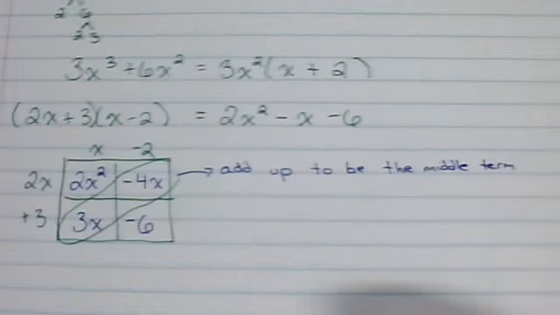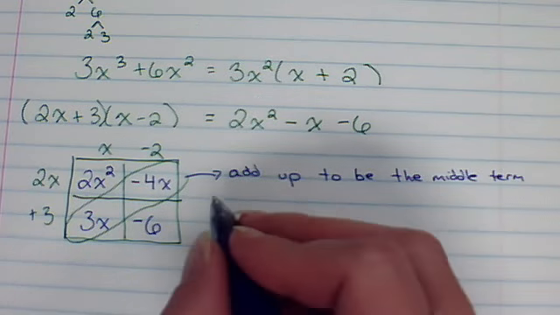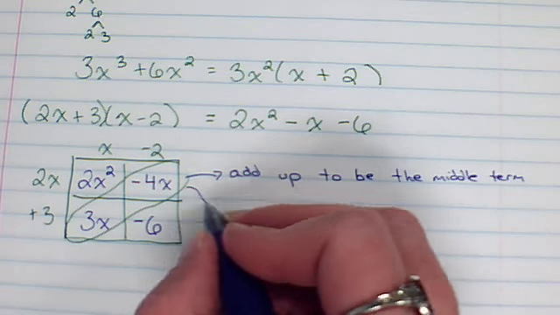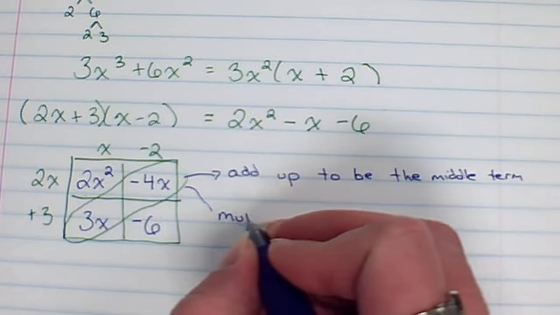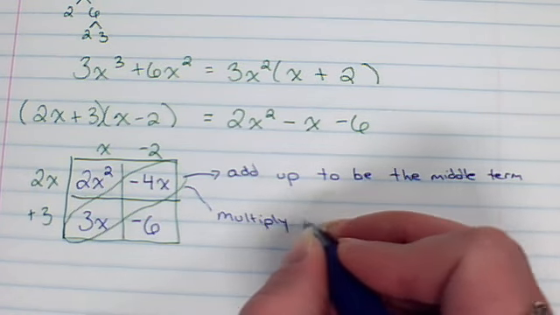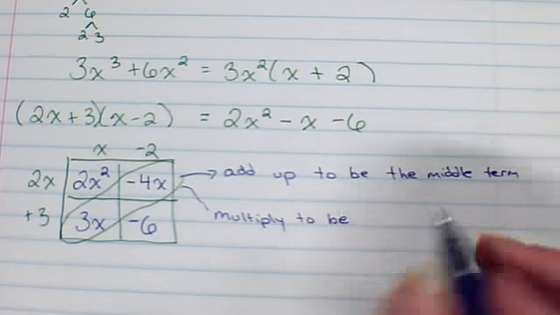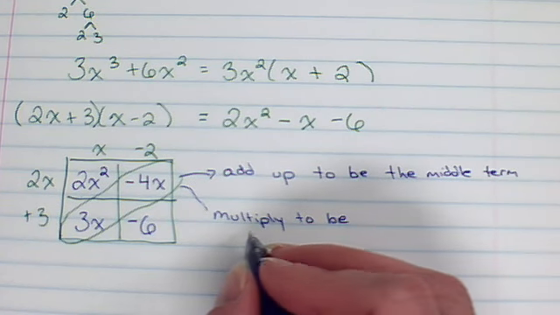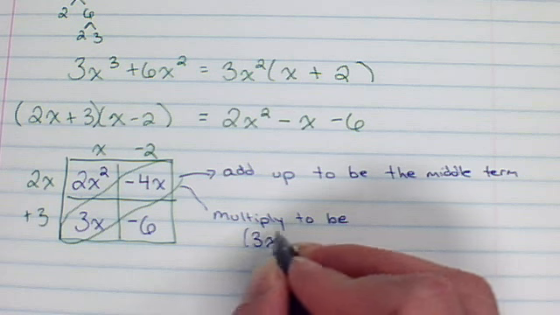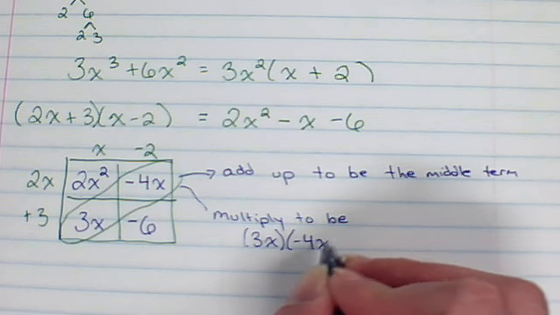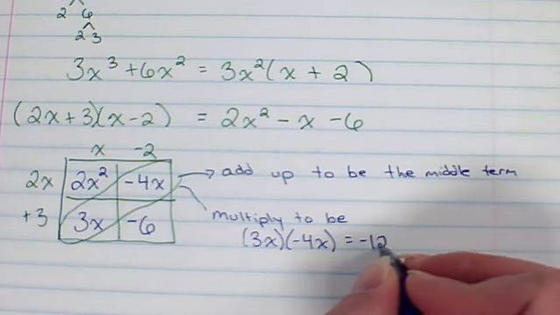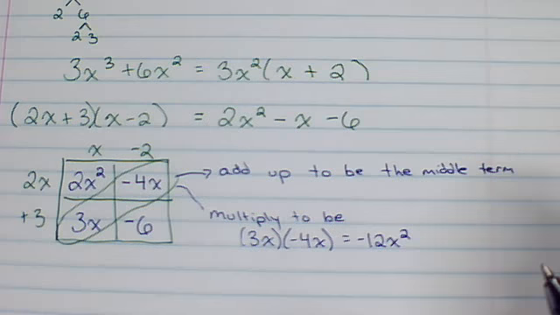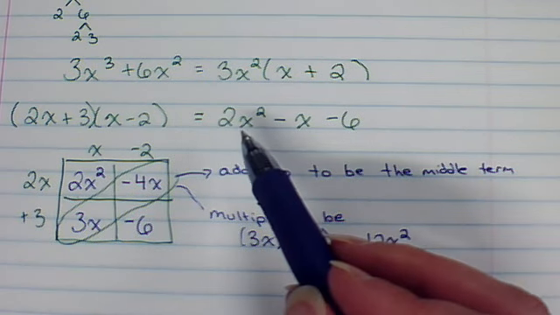Let's see what happens, though, if we multiply them. This is something really fascinating. If we multiply those two together, we get 3x times negative 4x, which is negative 12x squared. Let's back up to the original problem.